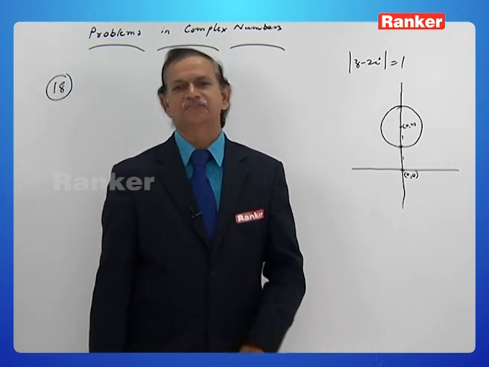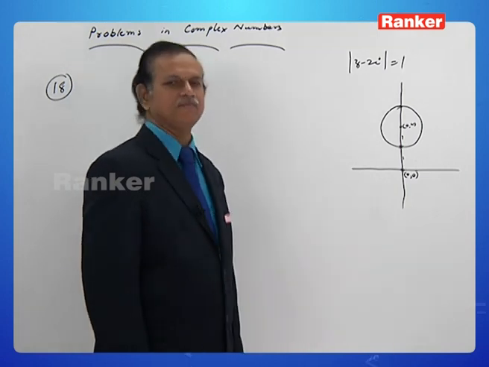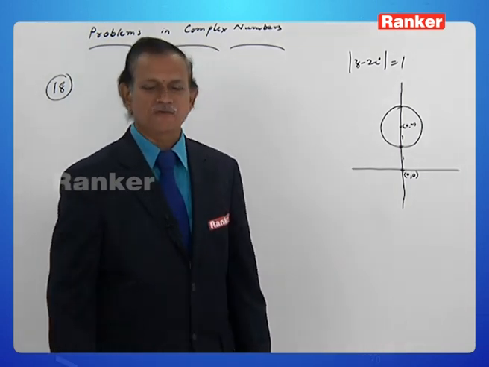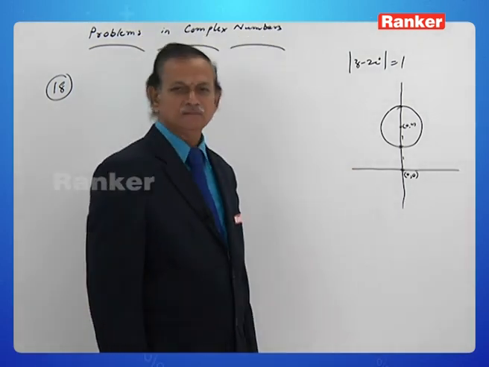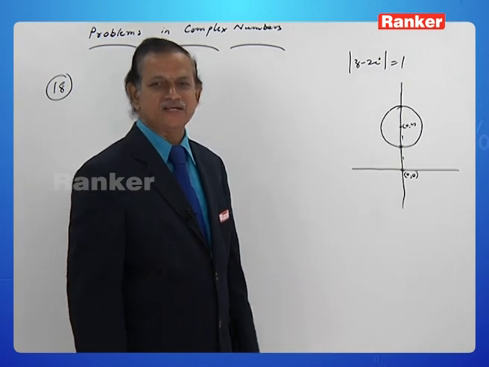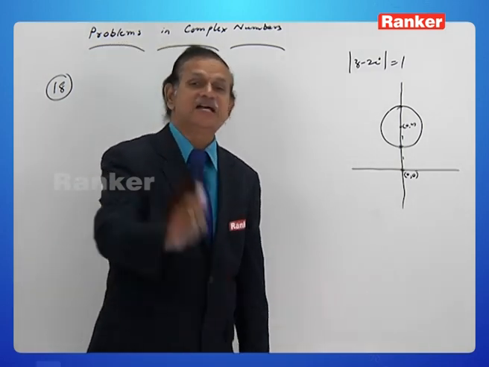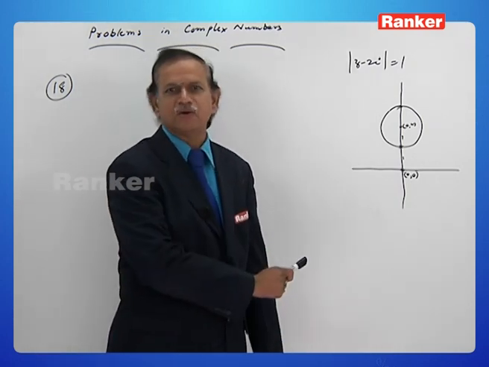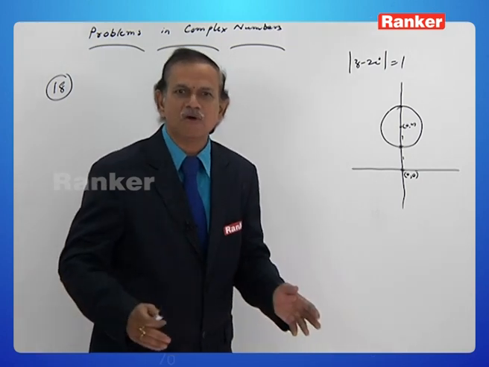The first point is that z satisfies the equation mod z minus 2i is equal to 1. It lies on the circle with center 0, 2 and radius 1. Besides that, he has given us another useful information about z: it has the least modulus.